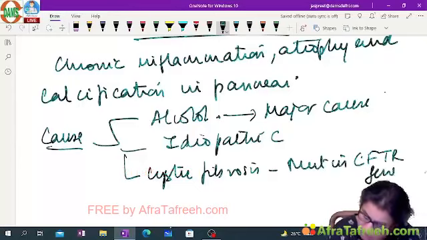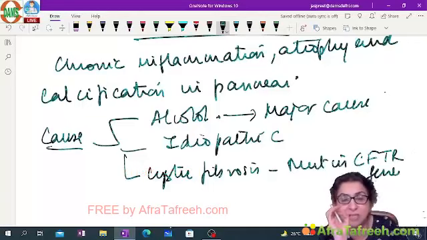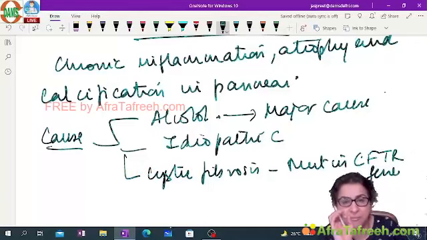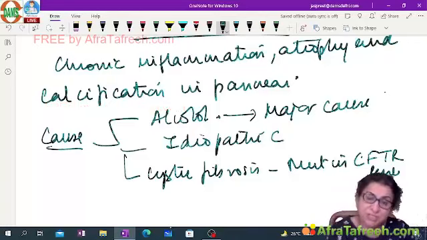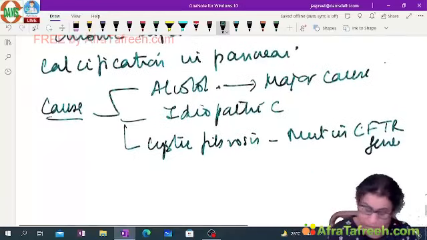Patients with cystic fibrosis develop thick mucus plugs in pancreatic ducts, which lead to chronic inflammation, atrophy, and calcification of the pancreas.